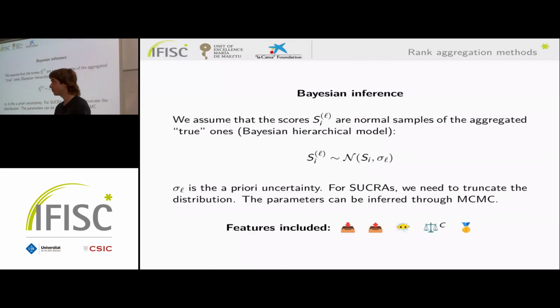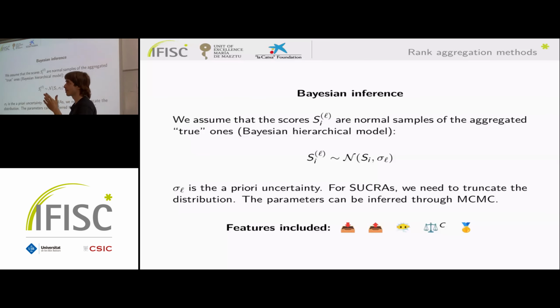And then we have the last one, which is Bayesian inference. In Bayesian inference, we assume that all of the outcomes, all of the rankings and scores that we have, come from a list of true scores. So the scores that we see are sampled Gaussianly from these true scores.